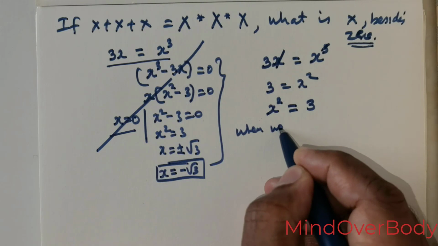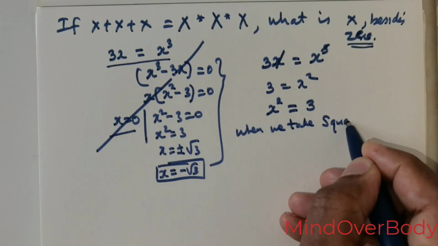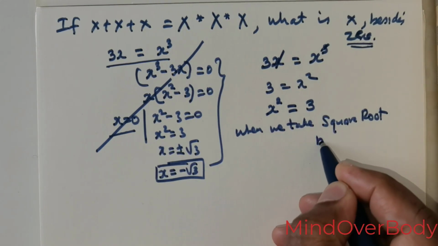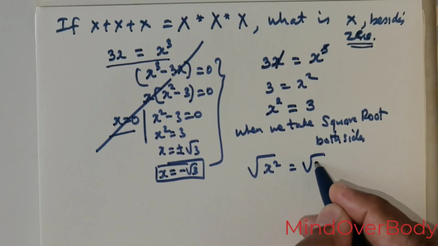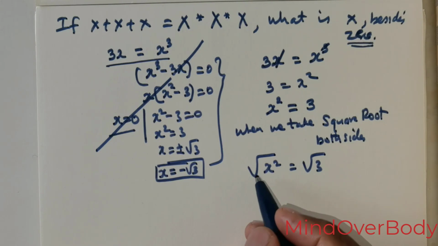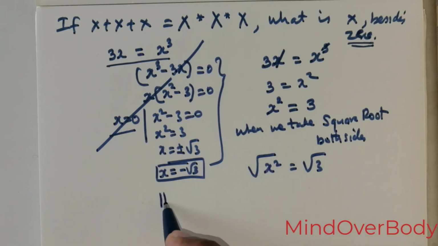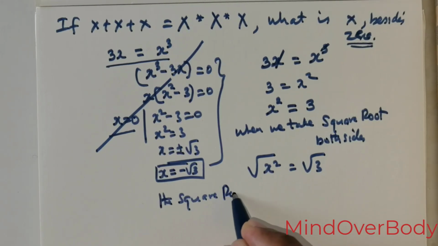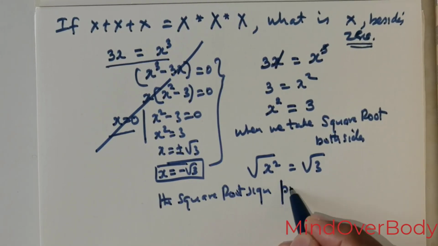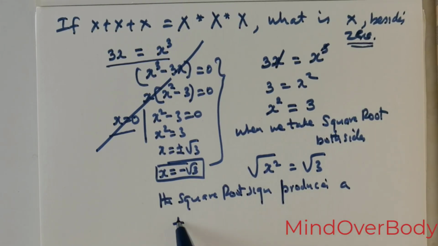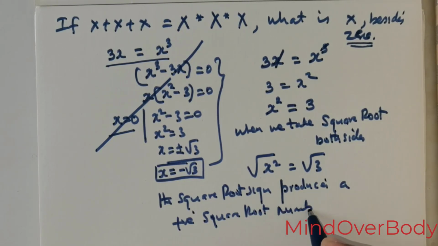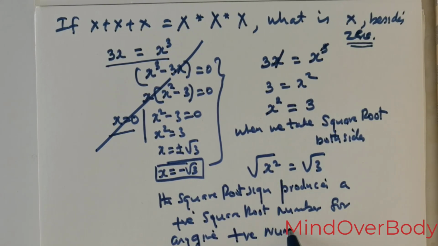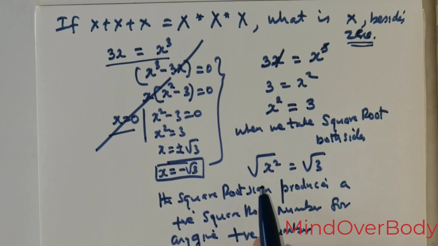So when we take the square root on both sides like this, the definition of the square root symbol, the square root sign, produces a positive square root number for any given positive number. So the take home point is the outcome should be positive.